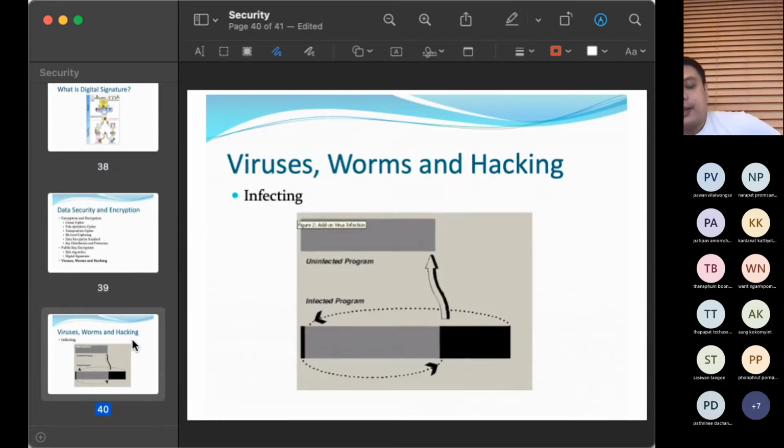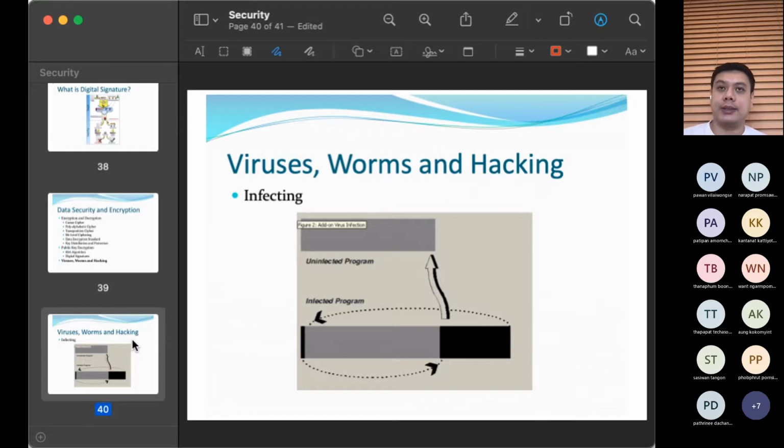The last thing of today's lecture is about viruses, worms, and hacking. Just a quick explanation. They have a lot of types. We have the virus or viruses here. The virus is not actually COVID-19. You understand that? A virus is actually another program which is not doing what it is supposed to do. For example, you should not involve or interfere with other programs itself.